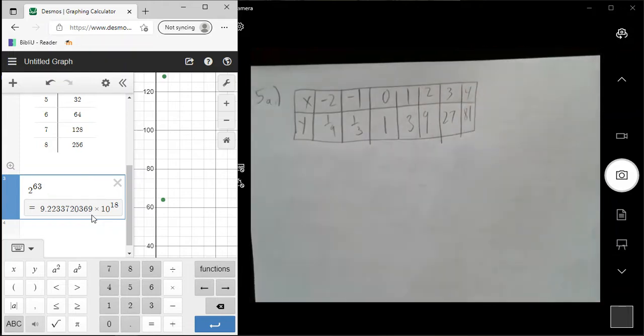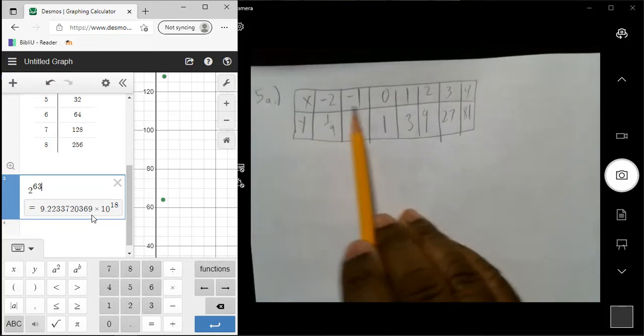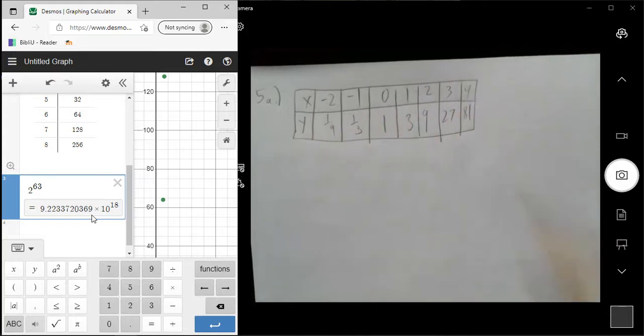Now we have our table. We want to determine whether it's exponential or linear. So listen, since all of these go up by 1, we don't have to worry about the x value. We're going to concentrate strictly on the y value because the x values are all going at a constant rate.